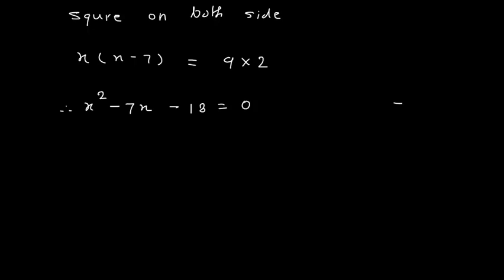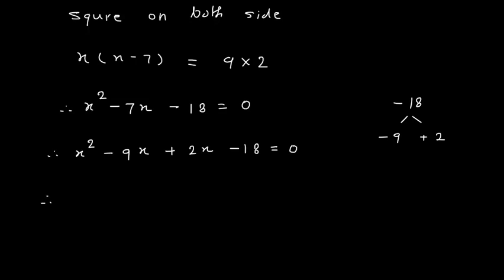For this minus 18, we take two factors. Now if I take minus 9 and plus 2, minus 9 plus 2 will give me minus 7. So therefore I will say x square minus 9x plus 2x minus 18 is equal to 0.